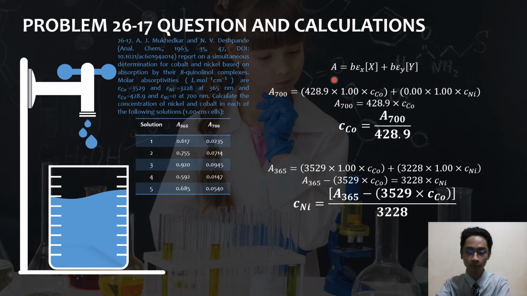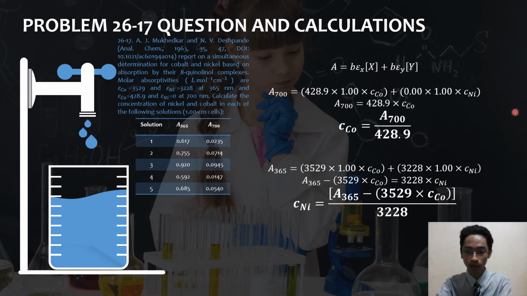We'll be using the formula for absorbance, which is equal to b times molar absorptivity of X times the concentration of X plus b times the molar absorptivity of Y times the concentration of Y. So we will be substituting all the given molar absorptivities to the formula with b, which is equal to 1 centimeter.